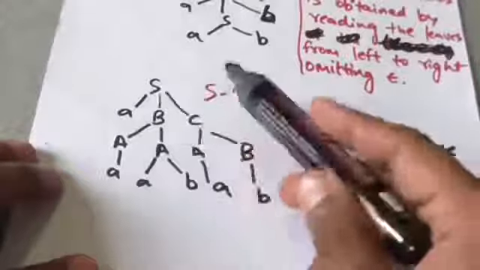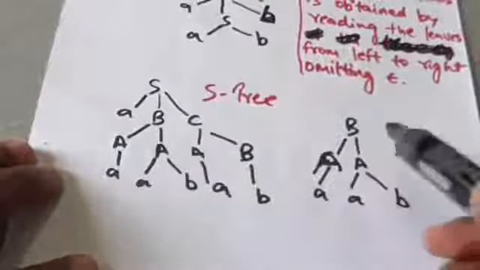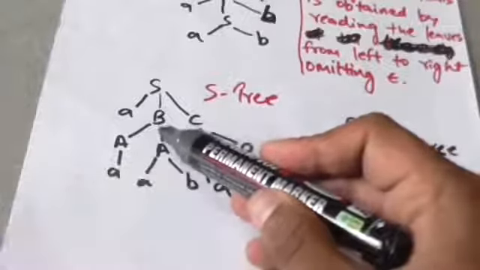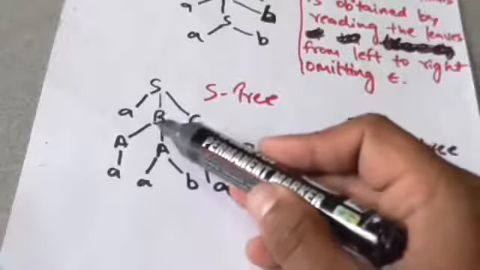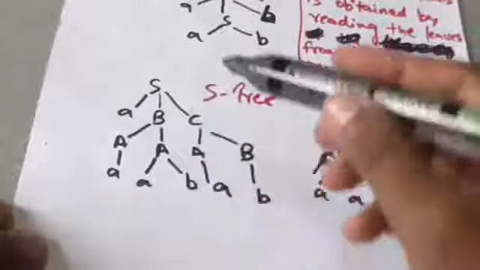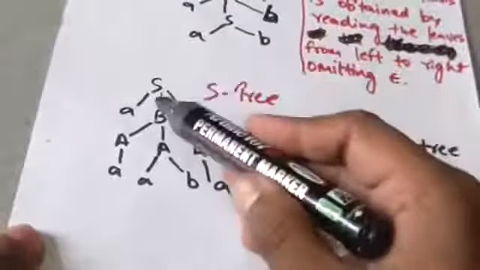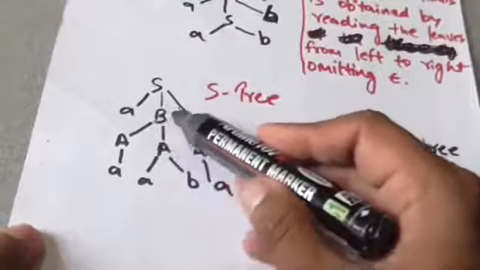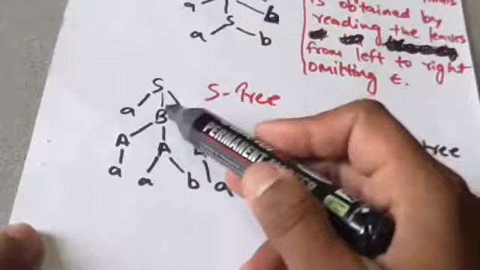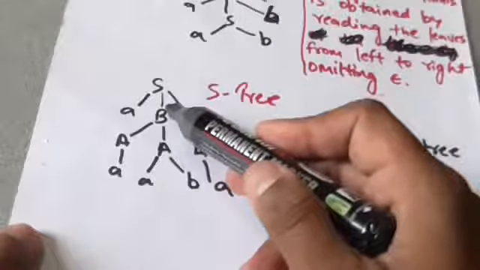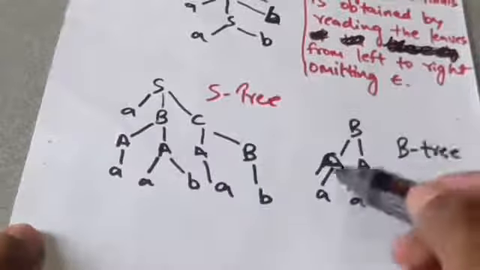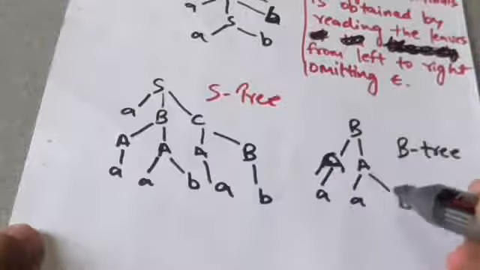Suppose this is the given derivation tree, right? Now, this is a node in this derivation tree. So this node along with all its descendants, edges connecting them and their labels forms a subtree, right?